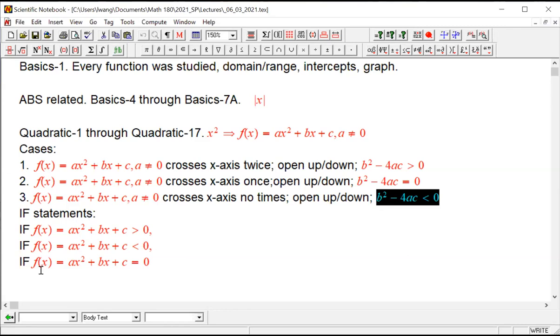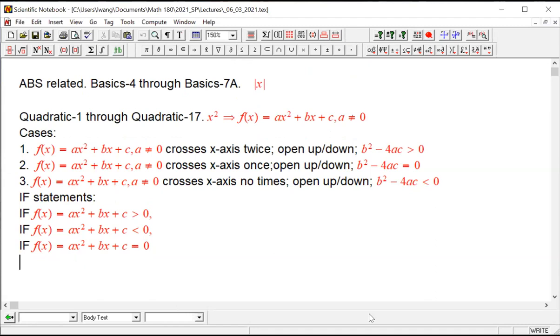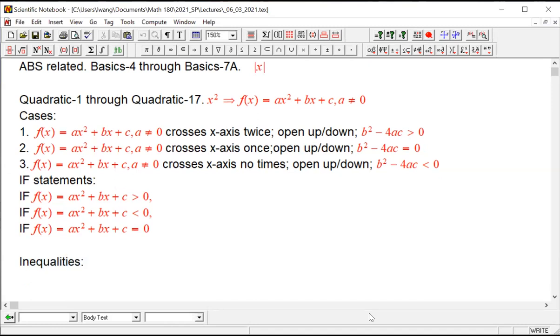Inequality. And then we have that basic 9, inequality. So there's an overlap here. You look at these questions as basic 9, quadratic inequalities.